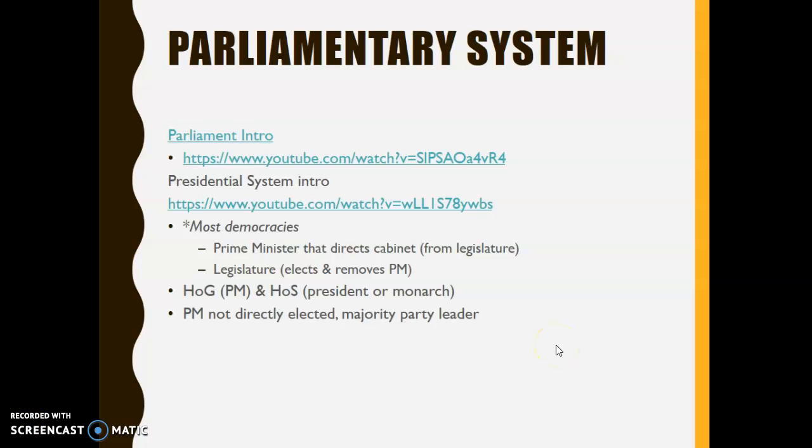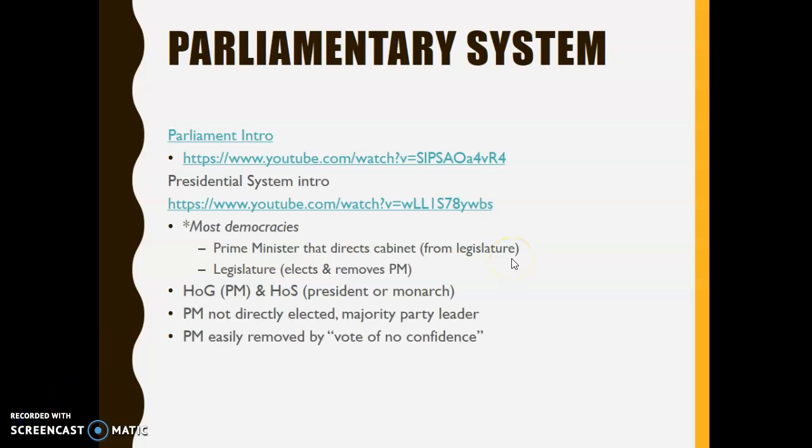Okay, and like it says there, because the prime minister is not directly elected by the people, but instead emerges from parliament, the prime minister will be the leader of the majority party. Or in the case that the parliament is broken up into multiple parties and no one has a clear majority, he tends to come out of the largest party that's represented.